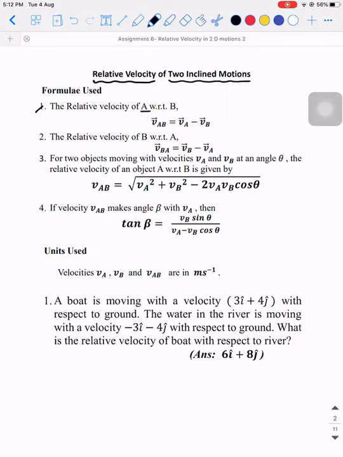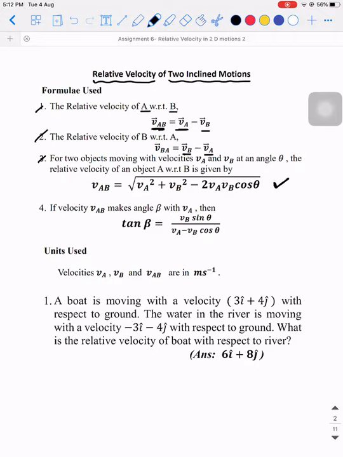The relative velocity of A with respect to B is given as velocity of A vector minus velocity of B vector. Similarly, B with respect to A is B minus A. Okay. If there are two objects moving with velocities VA and VB and making an angle theta, then the magnitude alone of the relative velocity of A with respect to B is given as root of VA square plus VB square minus 2 VA VB cos theta.